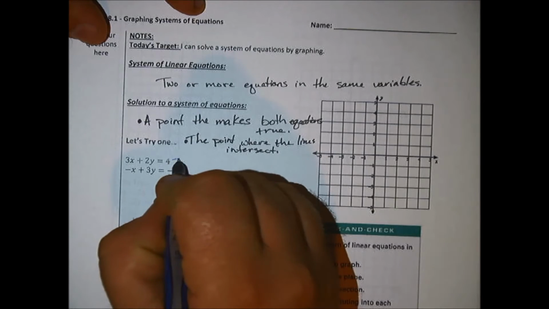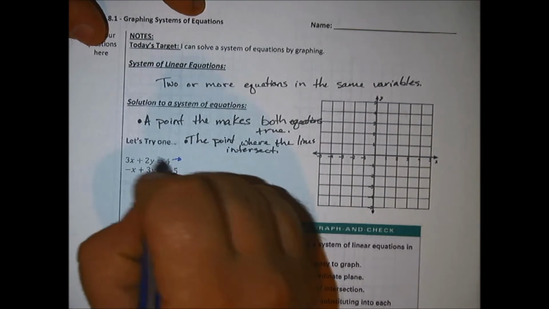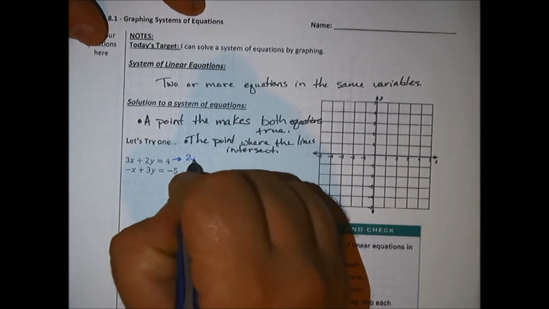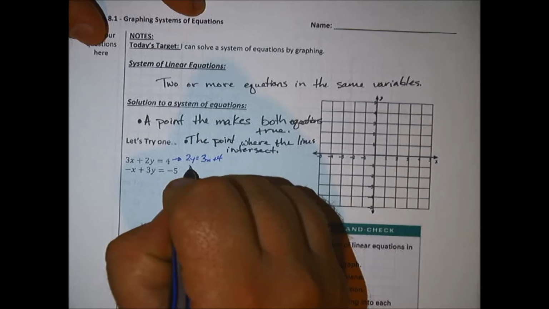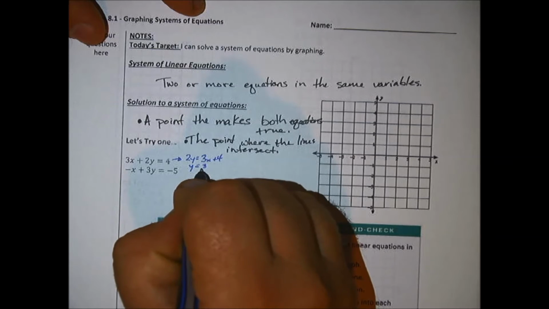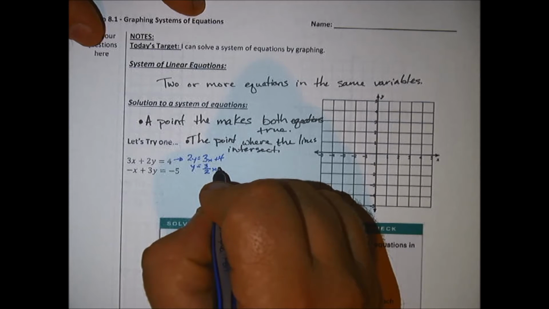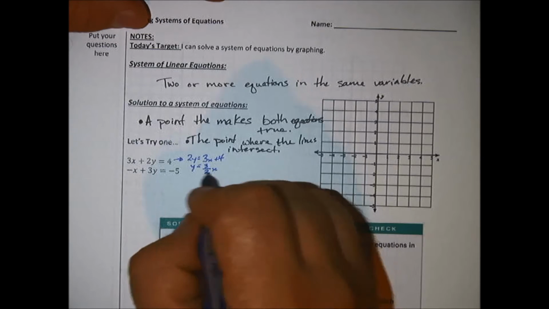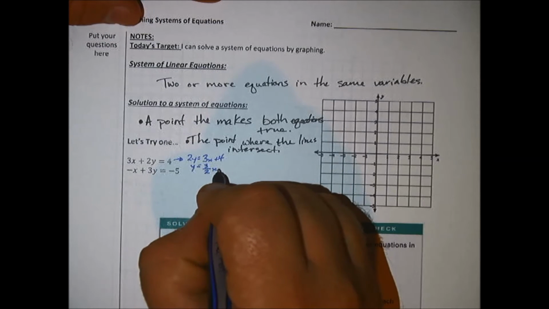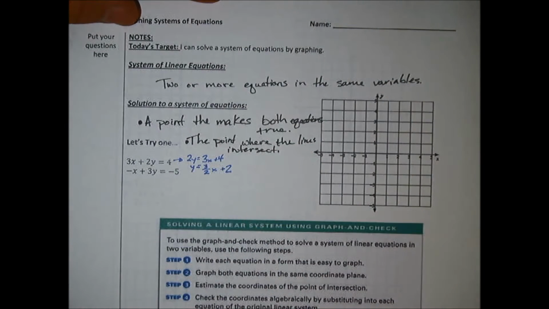To switch it into slope-intercept form, you're just going to solve for y. So I'm going to subtract 3x from both sides, so I have 2y equals -3x plus 4, and then I divide by 2, so I get y equals -3/2 x, and then the plus 4 turns into a plus 2.